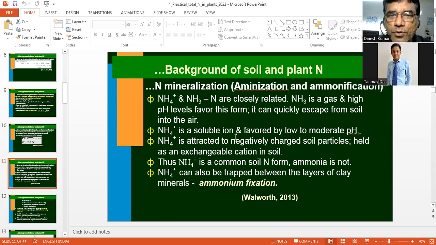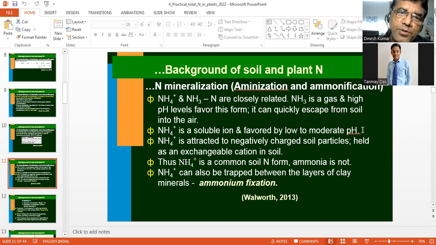Ammonical form is a soluble ion and favored by low to moderate pH. If your pH is low to medium, or you can say neutral, then this ammonia volatilization will be less and nitrogen will be in ammonical form. So ammonical form is a soluble ion favored by low to moderate pH.